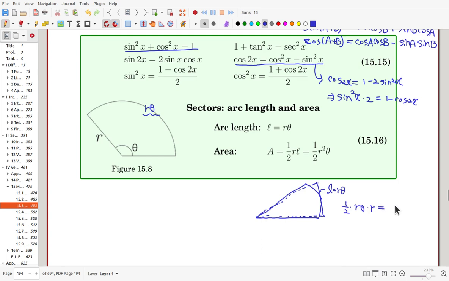So from here, we have half r squared theta. So for the area of sectors, you may get it like a triangle: half r squared theta.